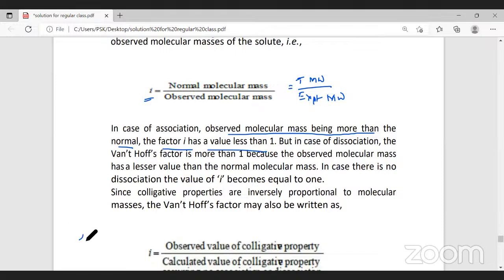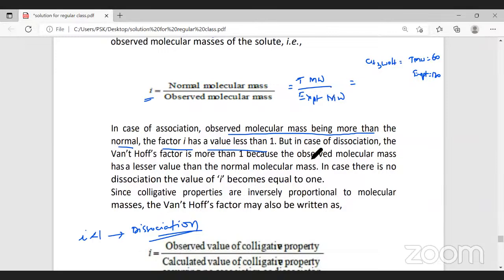Now if you remember, for acetic acid, I told you the theoretical molecular mass is 60 and the experimental molecular mass is 120.